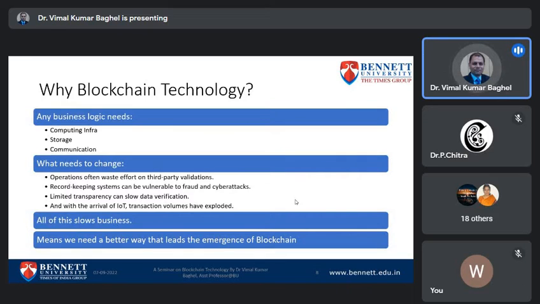If we keep it on a system such as IPFS, a distributed database used in blockchain, and somebody tries to attack one particular node, that node may be isolated because it becomes the odd one out among all the nodes. So record keeping systems will be safer when we use blockchain.